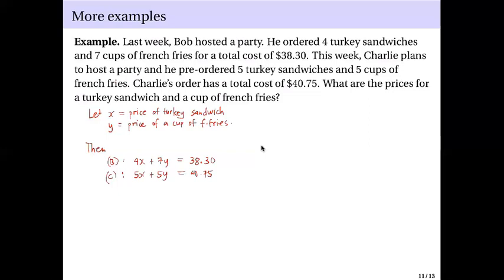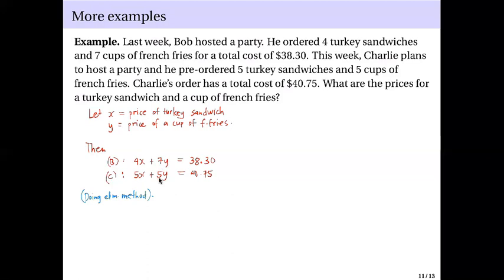Okay. So, let us do the elimination method. Notice, the coefficient of x in Bob's equation is 4, in Charlie's you have 5. And for y, Bob's is 7, Charlie's is 5.